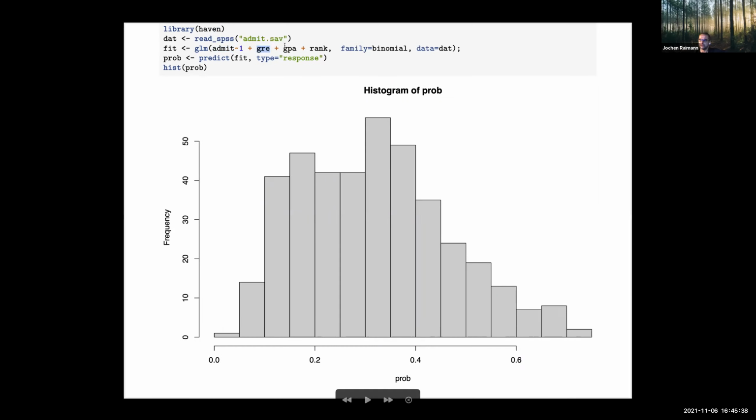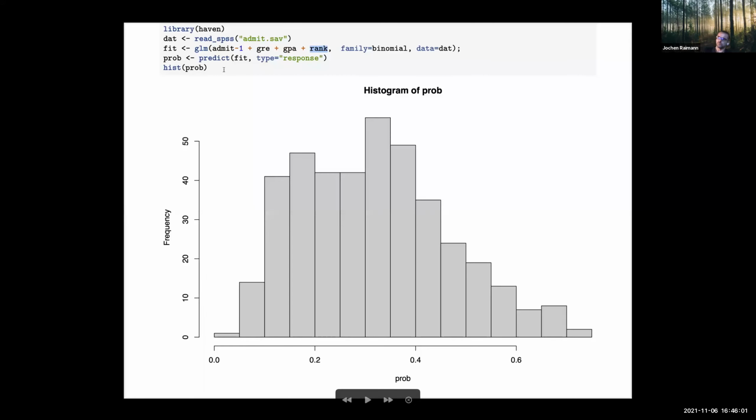We can look at the results of the GREs, the GPAs in the early education of the students that are applying, and the rank of the university. In the same fashion, we're building a logistic regression model.